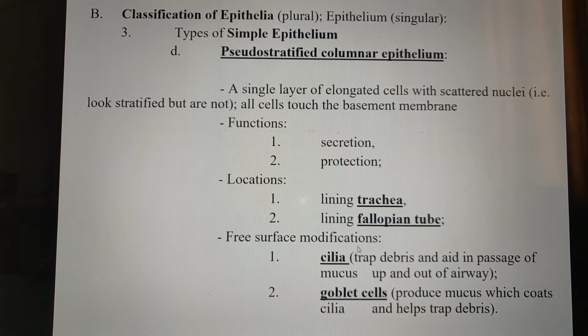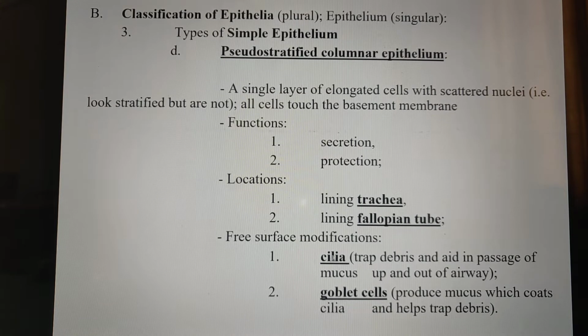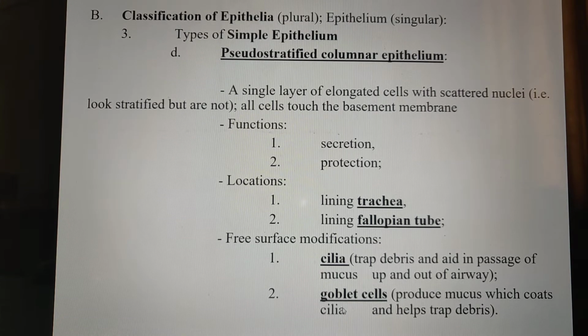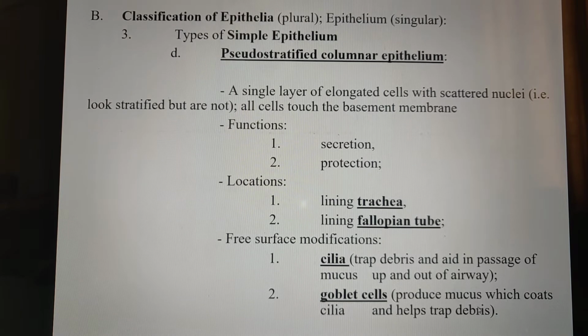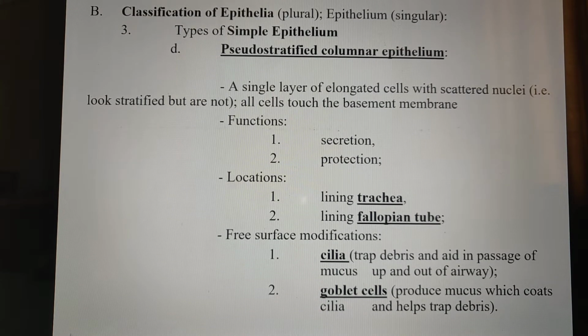Some free surfaces have modifications called cilia. The main function of the cilia is to trap debris and aid the passage of mucus up and out of the airway. So ciliated pseudostratified columnar epithelium is present inside the respiratory tract, and there are also goblet cells which produce mucus that coats the cilia and helps trap debris.